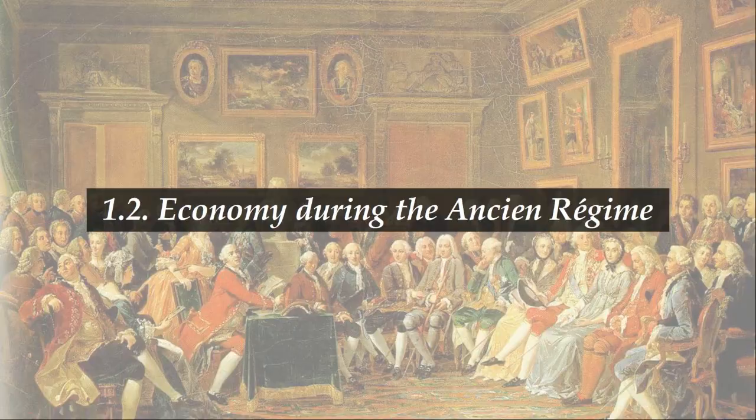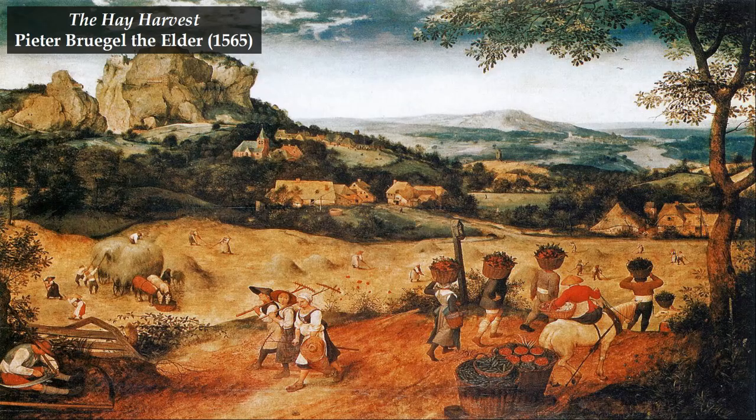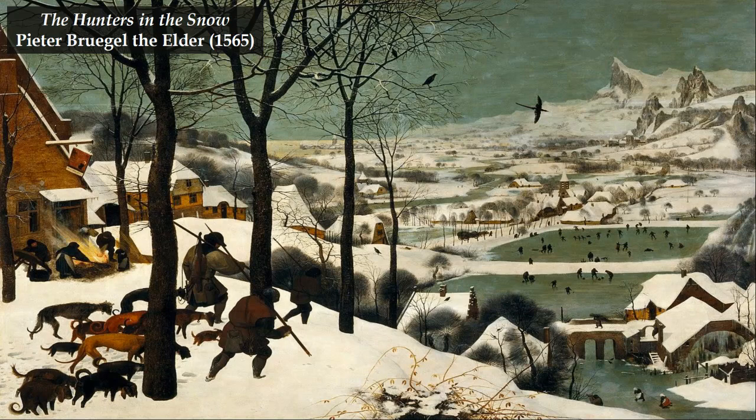So first, economy. We have said that the economy was mainly based on agriculture, was mainly rural. Most of the population, up to 80%, worked on agriculture. And they worked lands whose owner was usually a lord who belonged to one of the privileged estates, a noble or someone from the clergy.